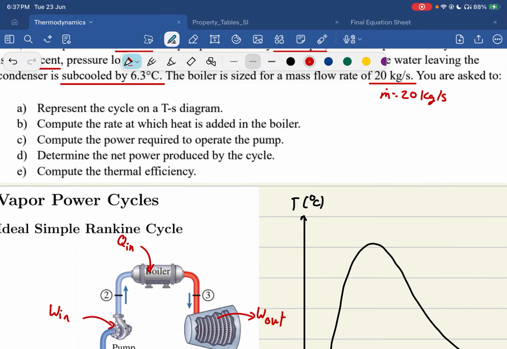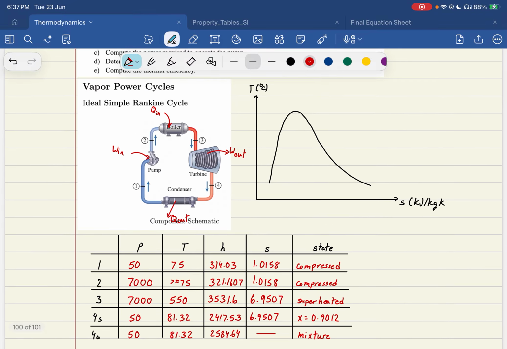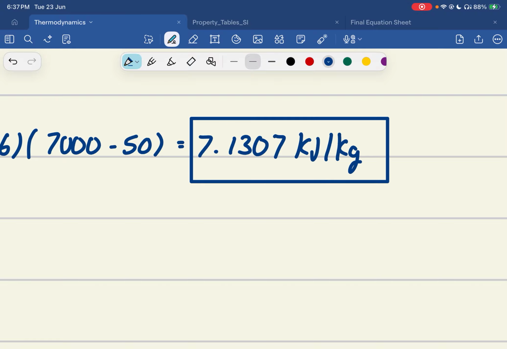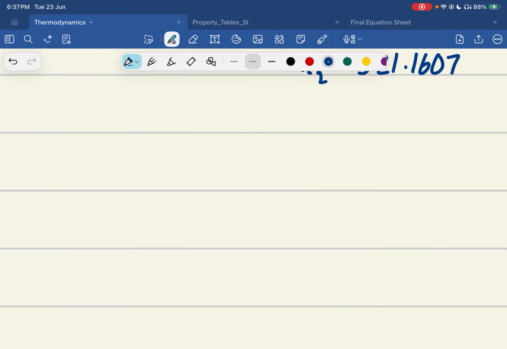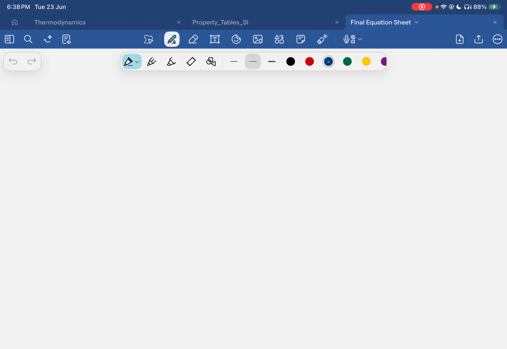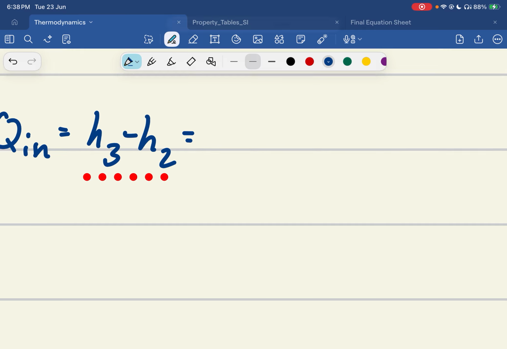So we want to find Q in, compute the power consumed by the pump, and so this is the power by the pump in kilojoules per kilogram, and Q in is just H3 minus H2, which equals 3531.6 minus 321.1607. Equals 3210.44 kilojoules per kilogram.